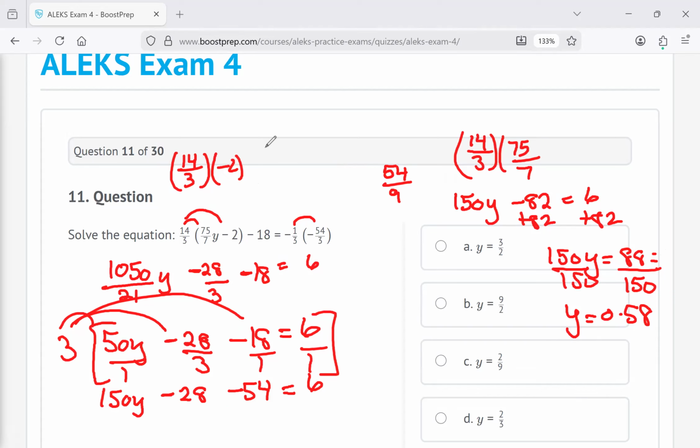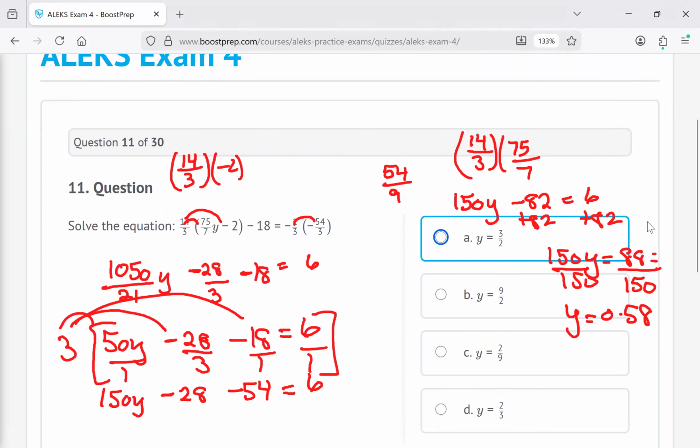We'll reduce all the answers. Yeah, I believe so. So I think this can be reduced by 3.